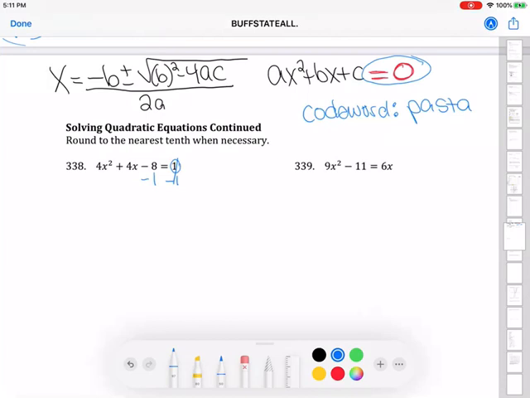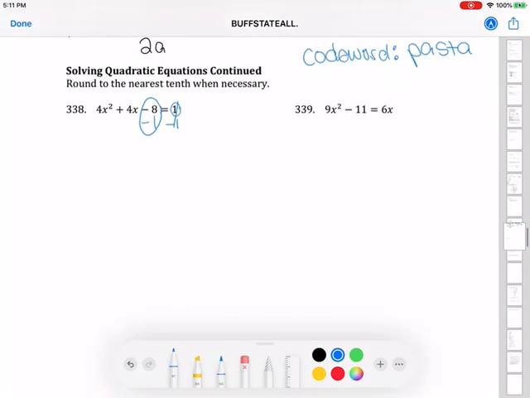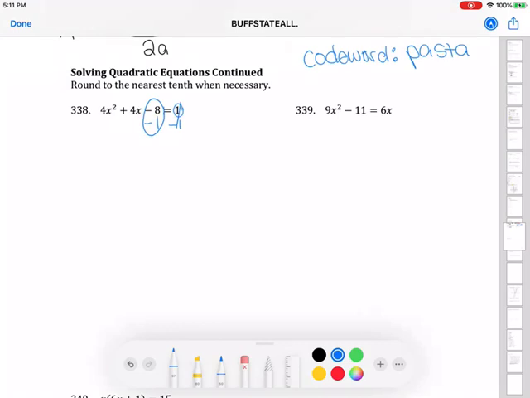Now, notice where I put that minus 1, right underneath this negative 8. The reason I did that is because those are like terms, and I'm going to need to combine them. It's different than the last one that we did because it had a like term to combine to. So I bring down my 4x squared, my plus 4x, and when I combine those, I get minus 9, and my equal 0 comes down.